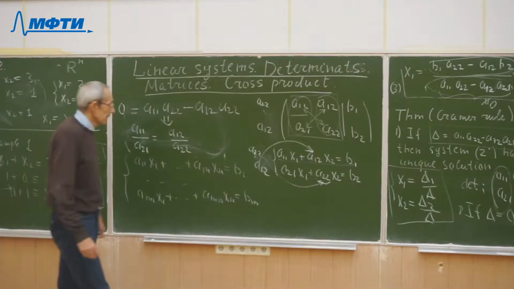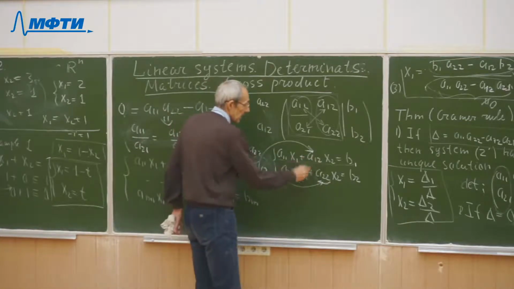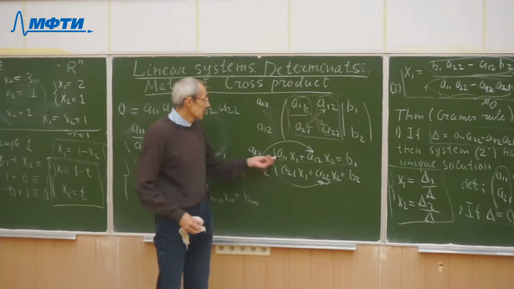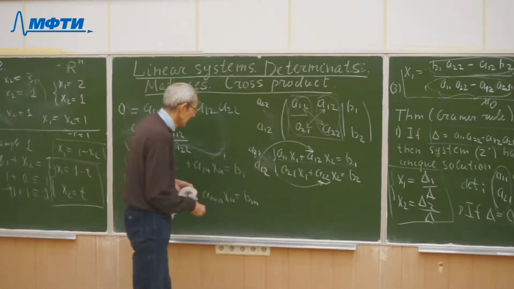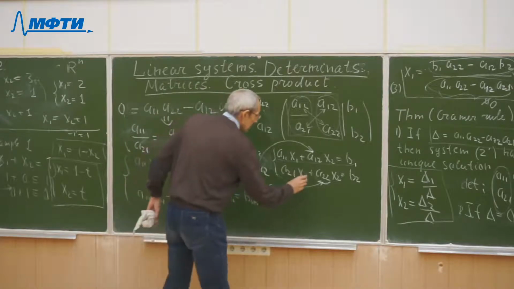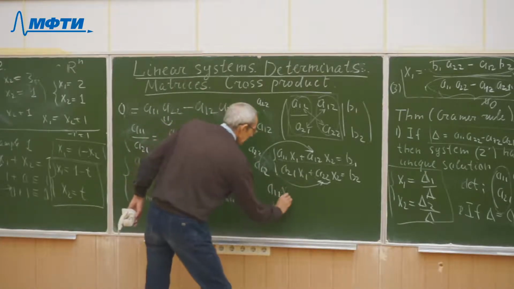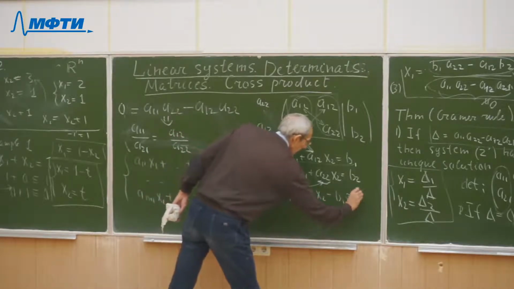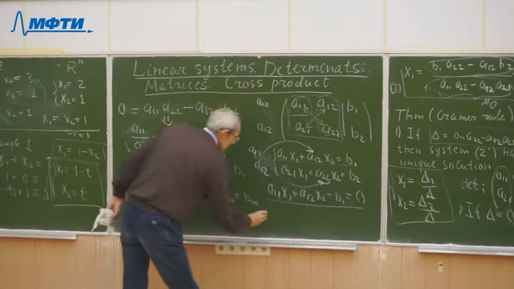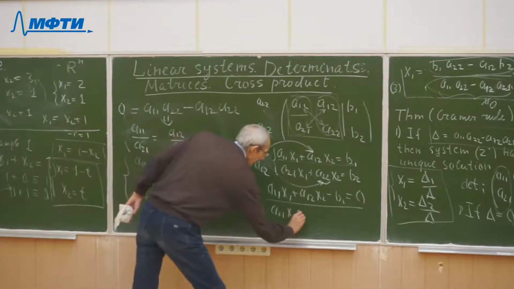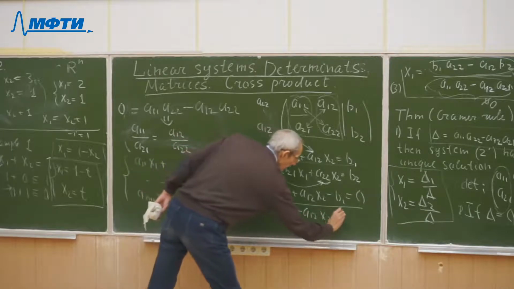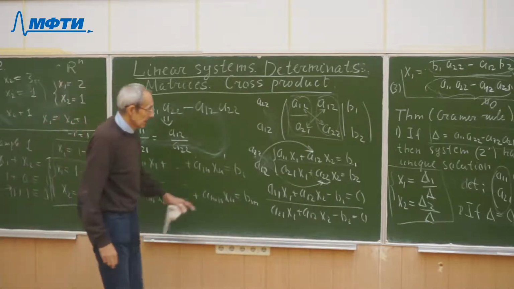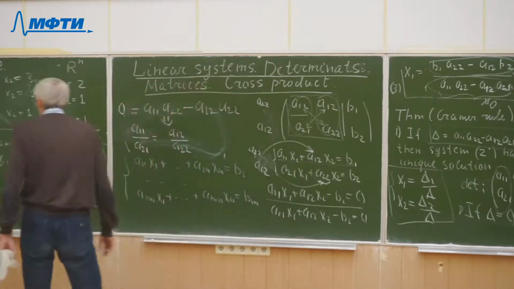Easy to see that this straight line, which is defined by these formulas, this first straight line, and the second straight line are parallel.